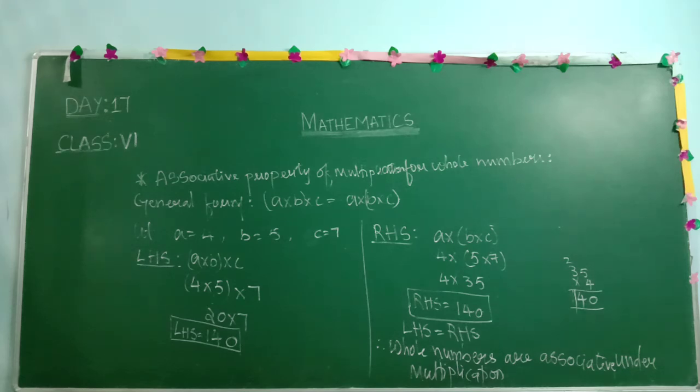But on the RHS side, first we are solving b and c, then whatever result we get, we are solving with a. So here we are changing the order. Even though we are changing the order, the ultimate result has no effect. It means we are getting the same result.